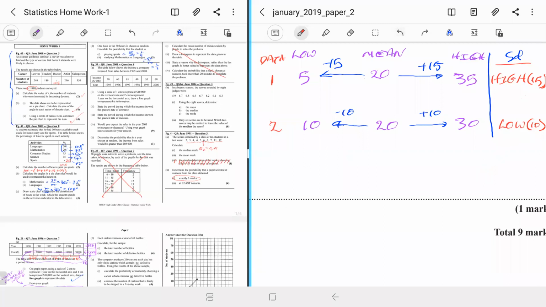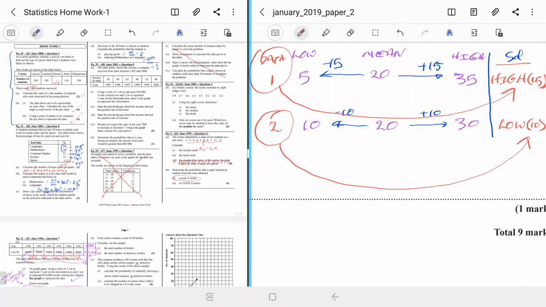So the question is, if I didn't show you this data, and I tell you, for data 1, standard deviation is 15, and for data 2, the standard deviation is 10, and I say to you, compare data 1 and data 2. What could you see?